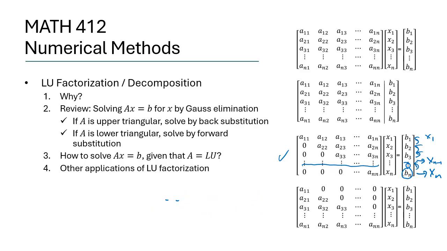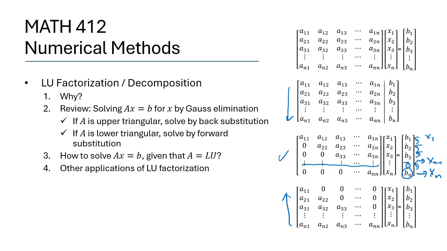Of course, with Gauss elimination, we work on the augmented matrix from top to bottom. How about if we work from the bottom to top, using elementary row operations?